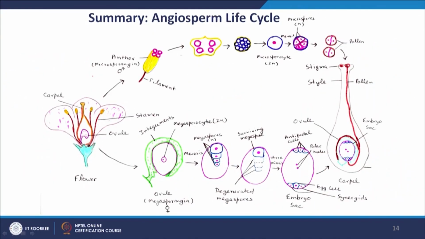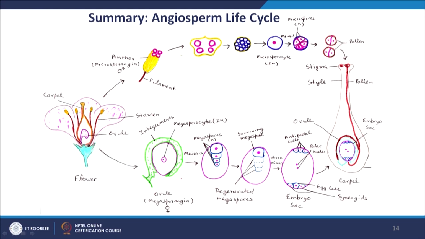So, at the end, if I summarize the life cycle of an angiosperm plant, flowers are the organs where we have the reproductive organs, male reproductive organs as the stamen, female reproductive organ as the carpel. The male reproductive organs generate microspores or pollens, haploid pollens, through the process of microsporogenesis.